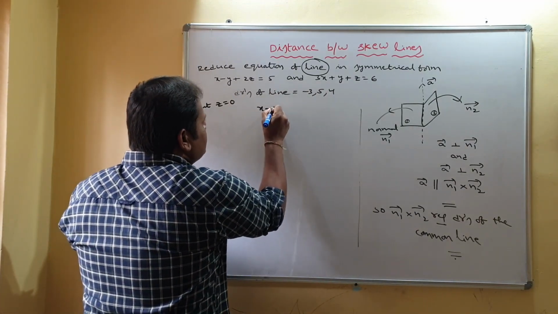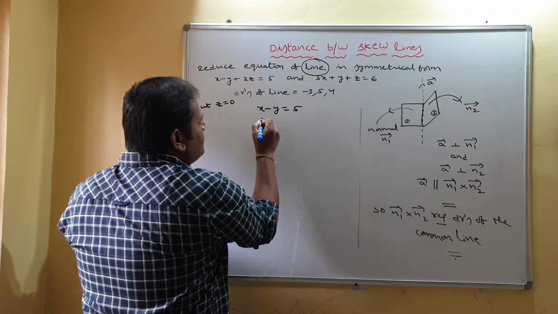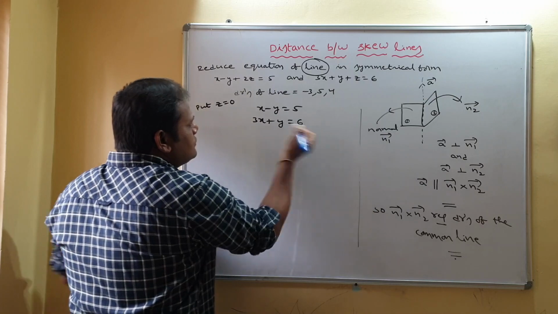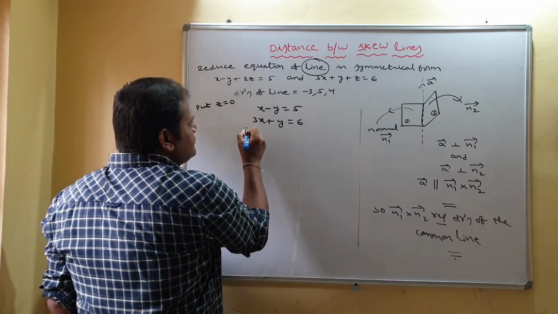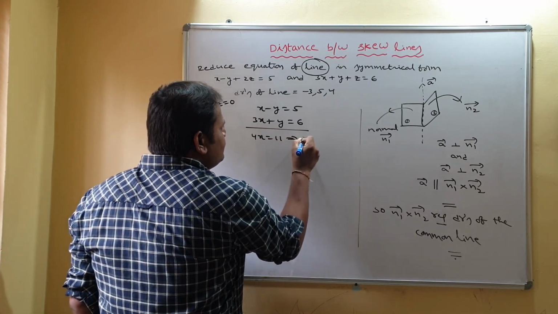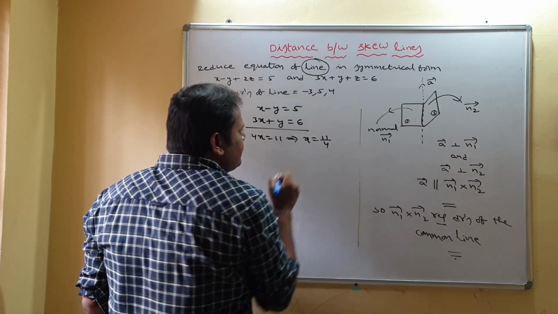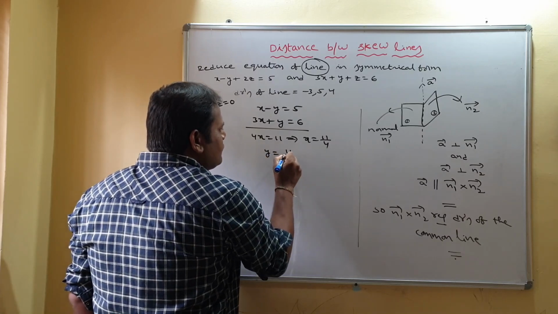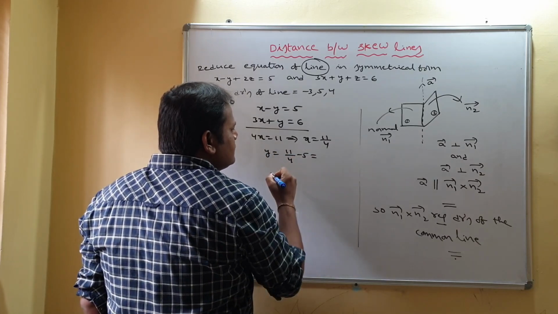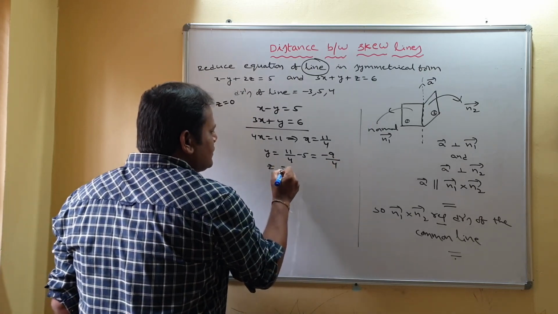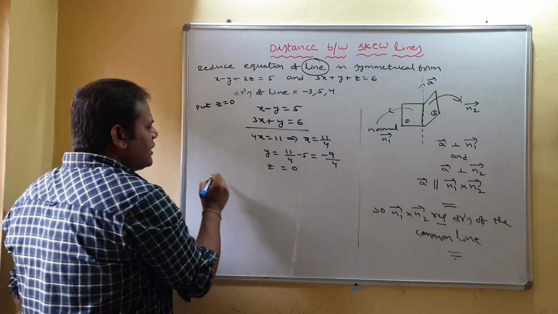You can take y equal to 0 or x equal to 0, it's not a problem. Then I am left with x minus y equal to 5, 3x plus y equal to 6. So on simplification you get 4x equal to 11, so x equal to 11 by 4. Then y equals 11 by 4 minus 5, so it is minus 9 by 4. We have taken z as 0. Yes, we got a point.